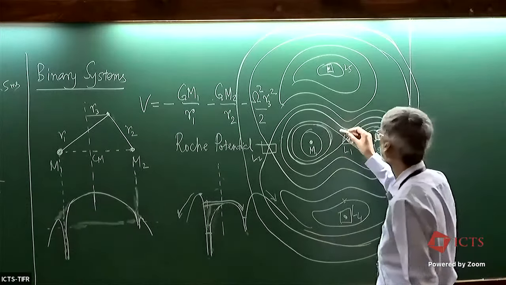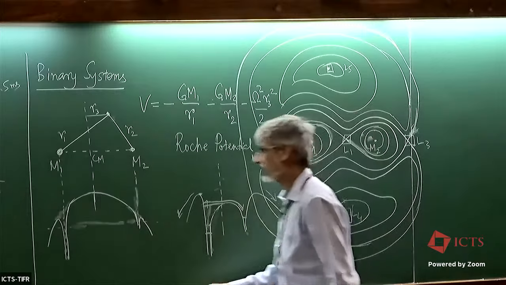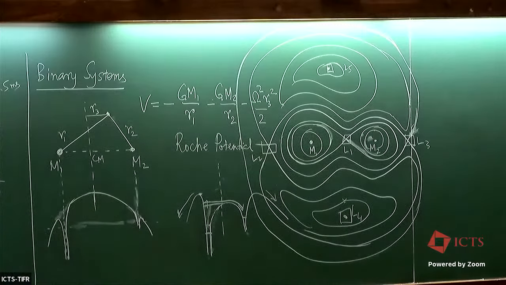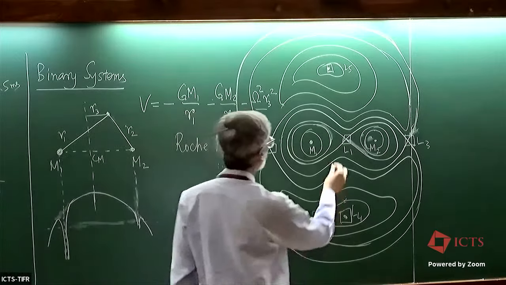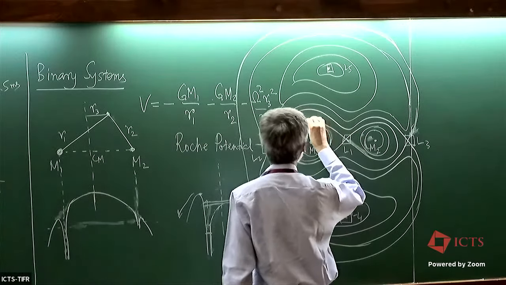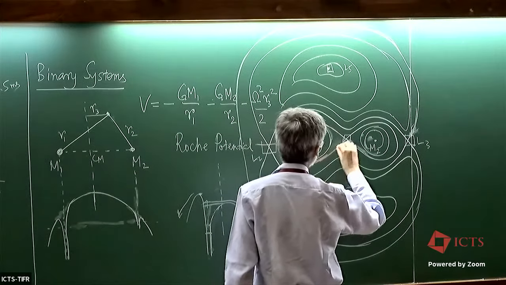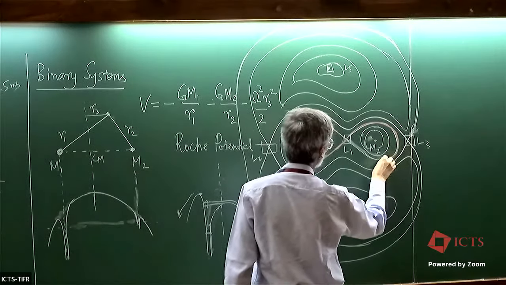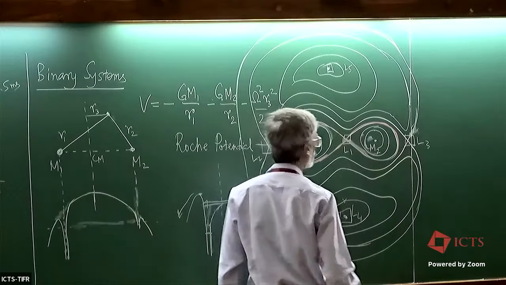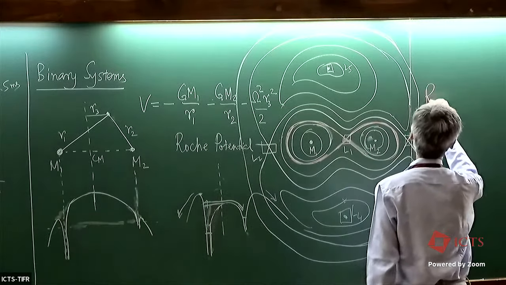So these critical surfaces are some of the most important factors in binary evolution. These are called Roche lobes.